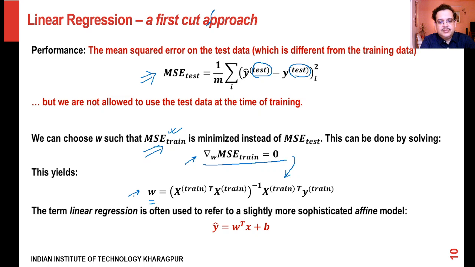And we use the term linear regression also sometimes to refer to a slightly more sophisticated model called the affine model. And the only difference between the affine model and the linear model is that in the linear model you are only allowed to specify y as a function of x like this, but if you allow this plus b, then it becomes affine.